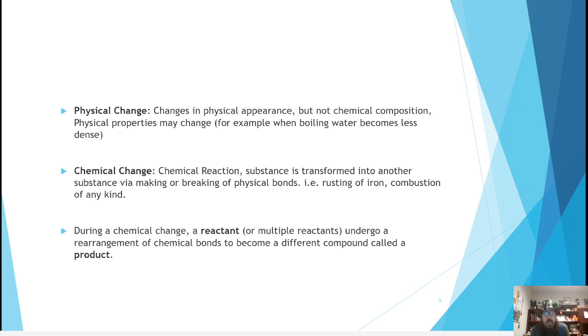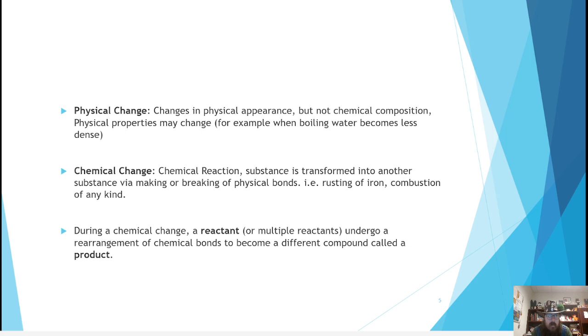A chemical change is when we rearrange the atoms to form new chemical bonds. These can still be undone with the right amount of energy, but often difficult to do. But the idea is that we're rearranging and making new chemical bonds. So, when I rust iron, I am making new bonds between iron and oxygen. When I burn something as a combustion, I'm making new bonds with oxygen.